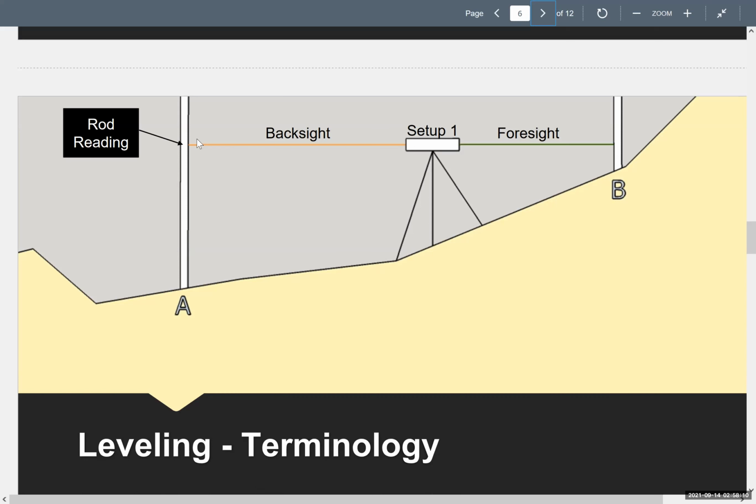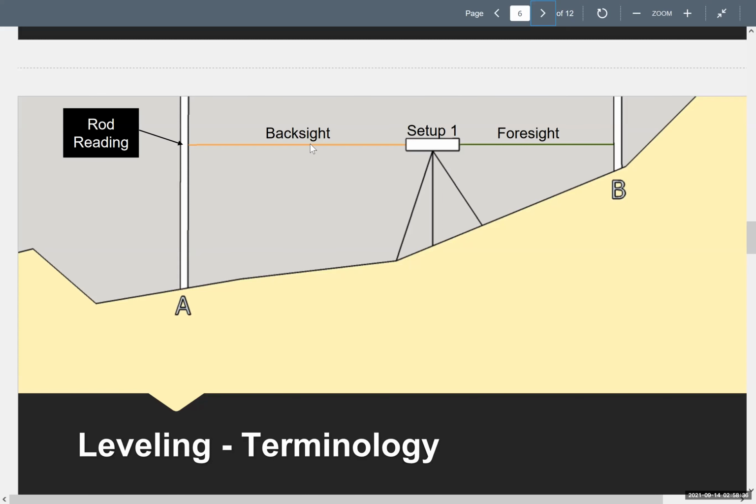You take a shot, you get a rod reading, and it's called a back sight because you're coming from point A to go to point B. And why would we be coming from point A? Because it's known. It's the point that I know the elevation of. So I take a back sight reading and I get some rod reading.